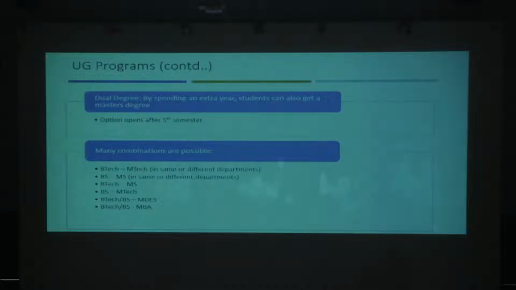BTech in mechanical engineering and Master of Design, MDes, or BTech in aerospace engineering and an MBA from IME. So all these permutations and combinations are possible, which I believe are not available in many other academic institutions.